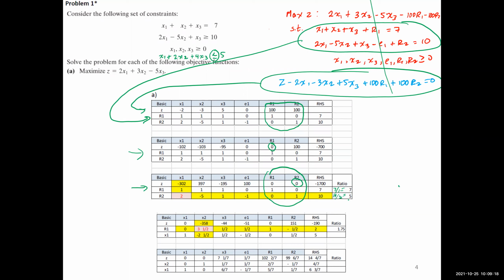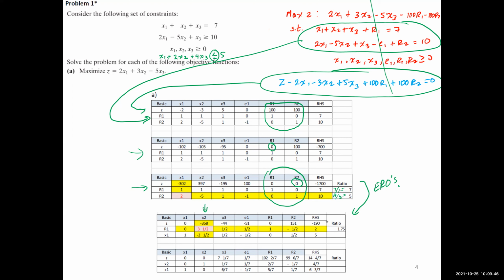And after making those iterations, we check again. Is there any negative coefficient? Yes. What's the largest negative coefficient? Negative 358. So that variable will enter the solution, and we do the minimum ratio test one more time.